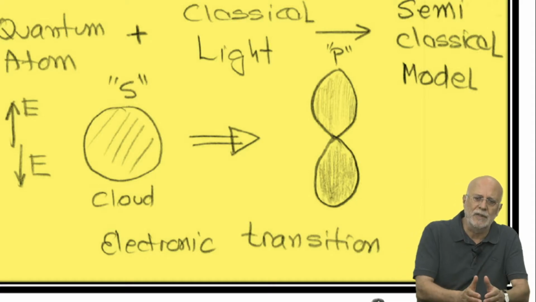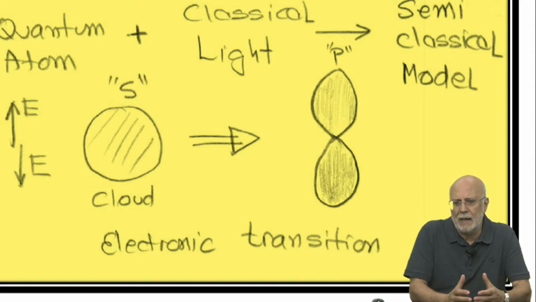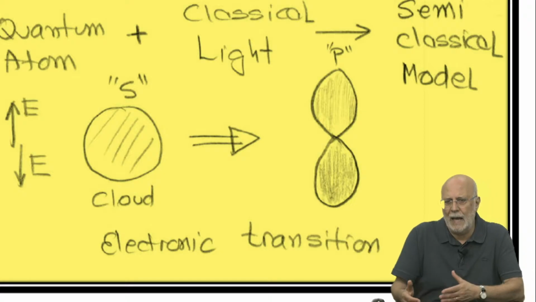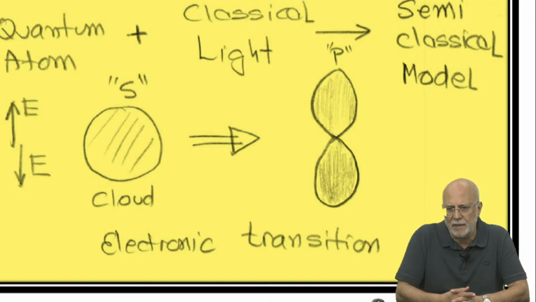So we're going to consider then the matter as quantum and the light as classical, and that generates the semi-classical. This is still possible, and it's very good. I think this is one of the most intuitive things we can do.